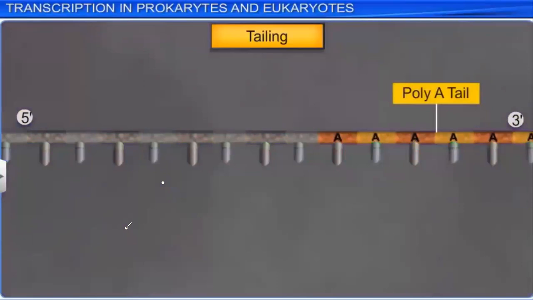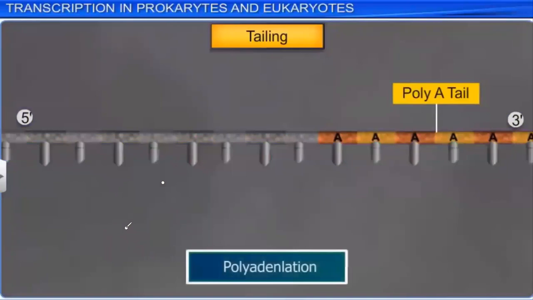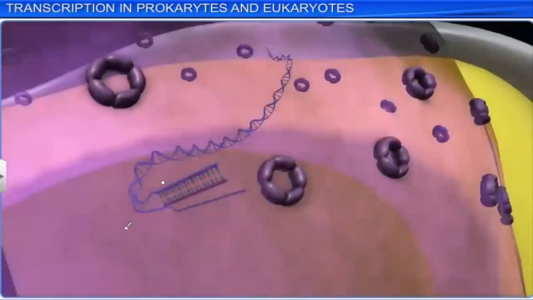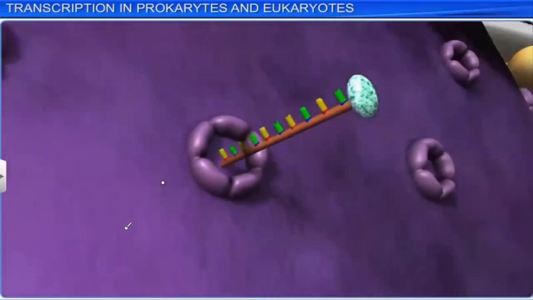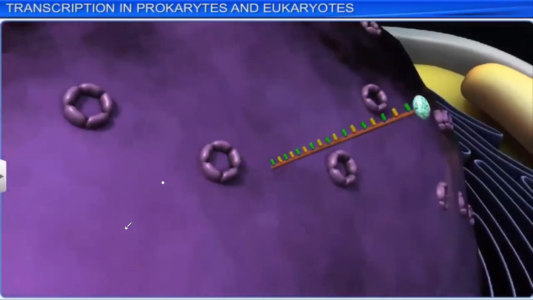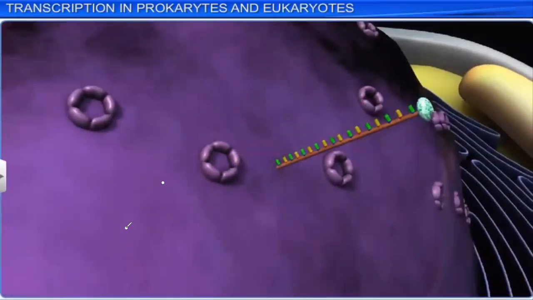This process is also known as polyadenylation. After these processes, the hnRNA becomes mRNA and the transcription process ends. The mRNA can now be transported out of the nucleus and further used for protein synthesis during translation.